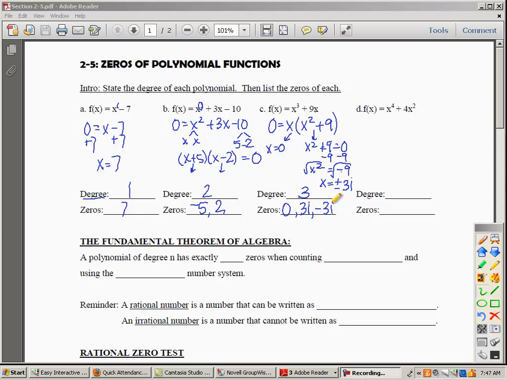The final one, you'll notice again the degree of this is 4, which means I'm looking for 4 solutions. Again, I only have 2 terms, which means I'm going to try and pull something out. I can take an x squared out, and then I'm left with x squared plus 4. And I'm going to set both pieces equal to 0.